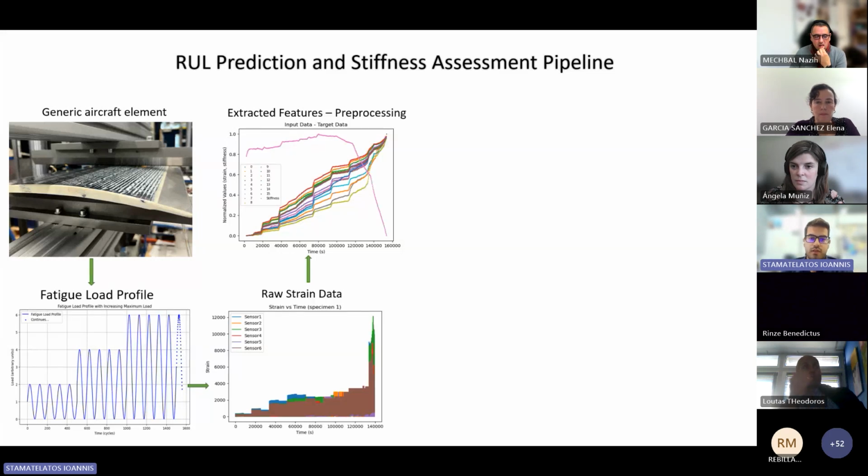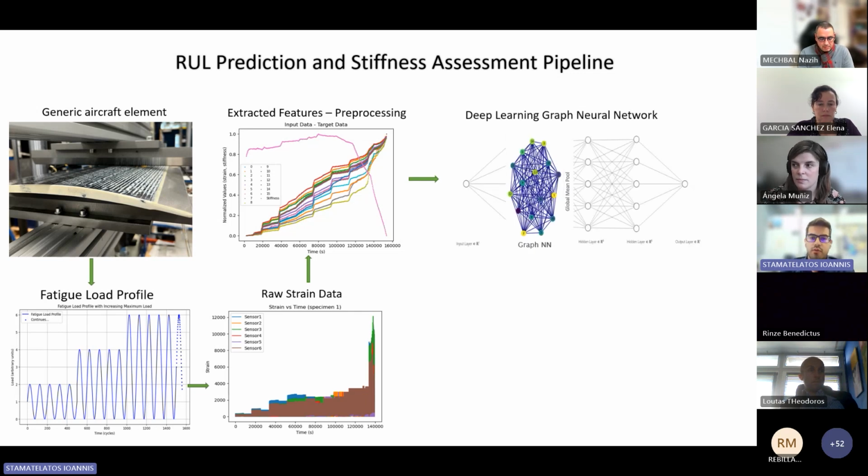Also, in this figure, you can see the target value, which is the stiffness reduction if we speak for a diagnostic model, or it can be a remaining useful life target if we speak for prognostics. Then we pass this pair of data to a deep learning algorithm, where as input are some strain health indicators, and as output is the stiffness for diagnostic or the remaining useful life for prognostics.